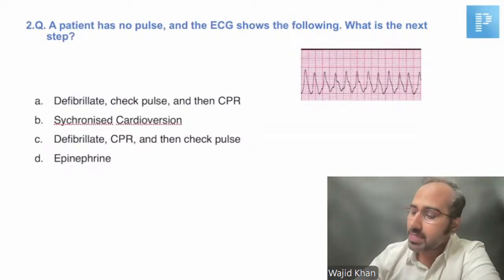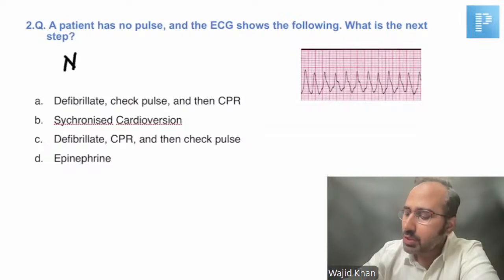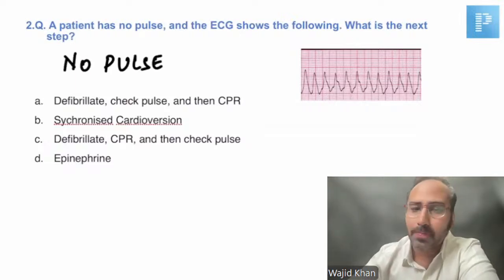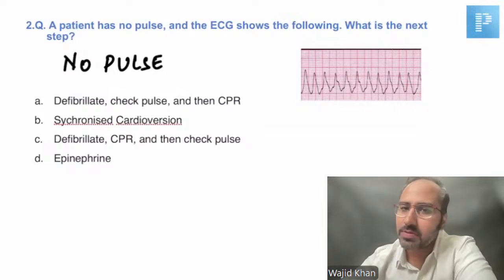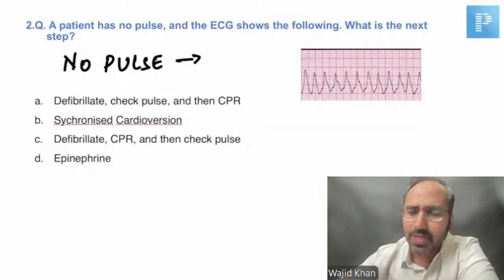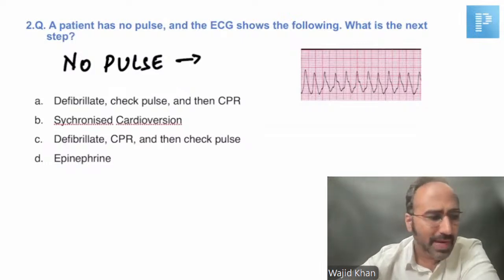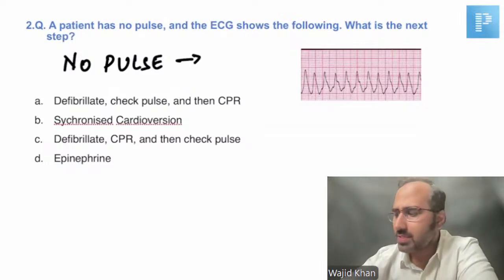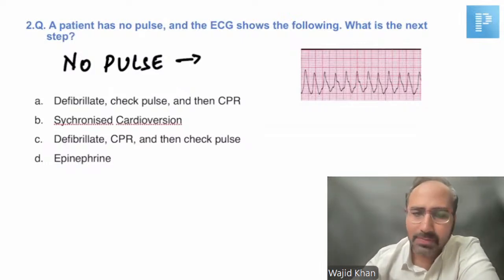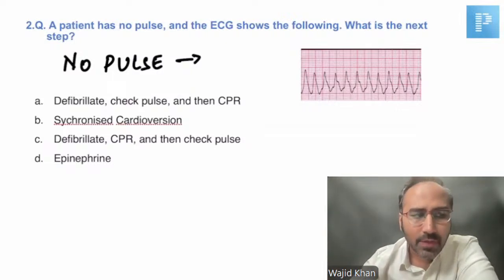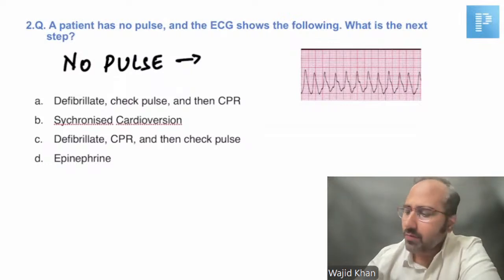First of all, if the patient has no pulse, and you connect a defibrillator or the ECG leads, if you see any kind of rhythm, you always have to search for only two rhythms, guys.